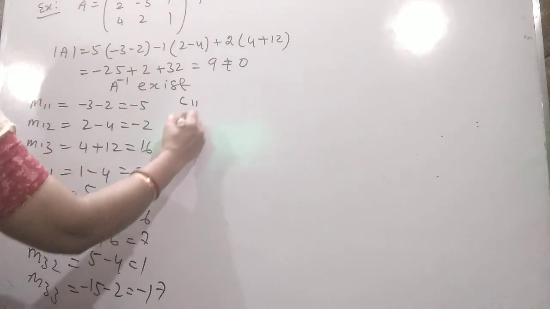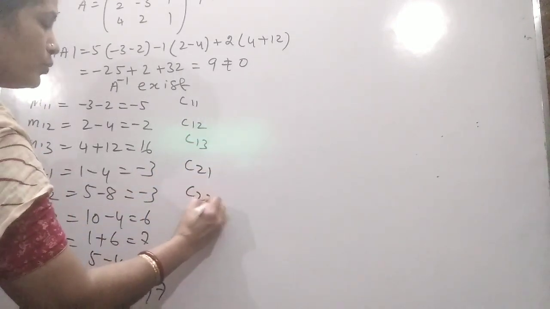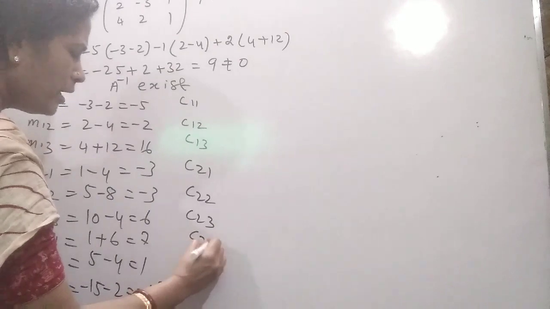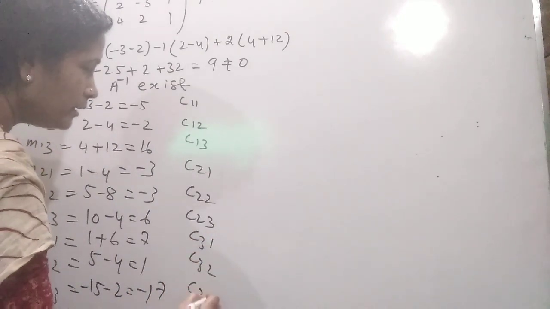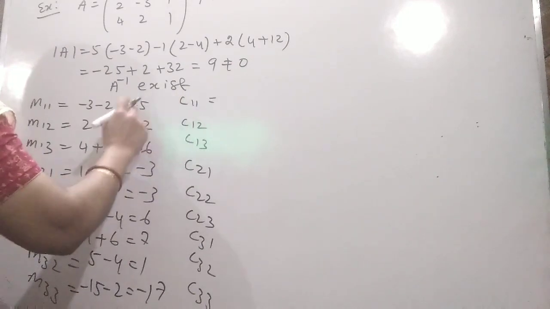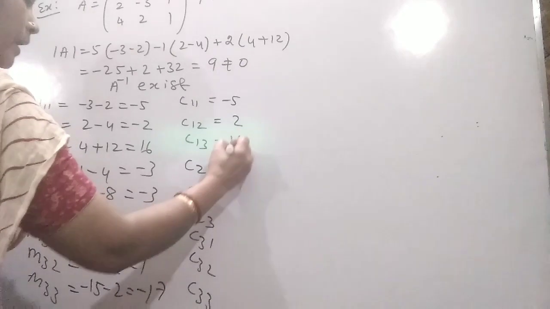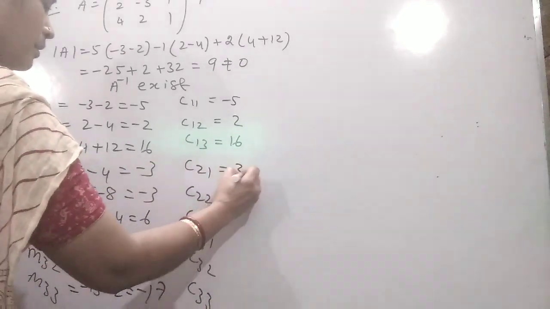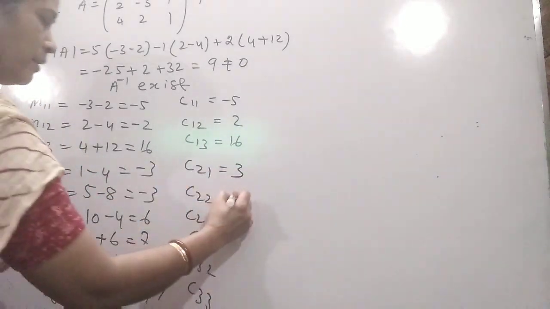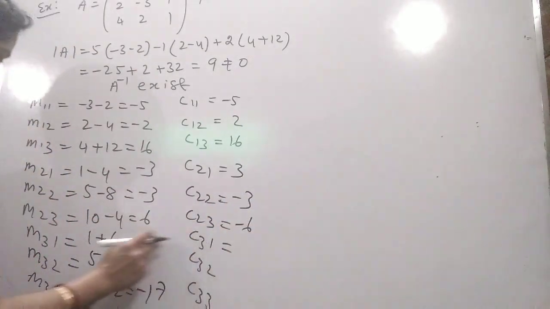Now I am finding the corresponding cofactors: C11, C12, C13, C21, C22, C23, then C31, C32, then C33. Now beta, see what I told you: even number, same sign; odd number, opposite sign.